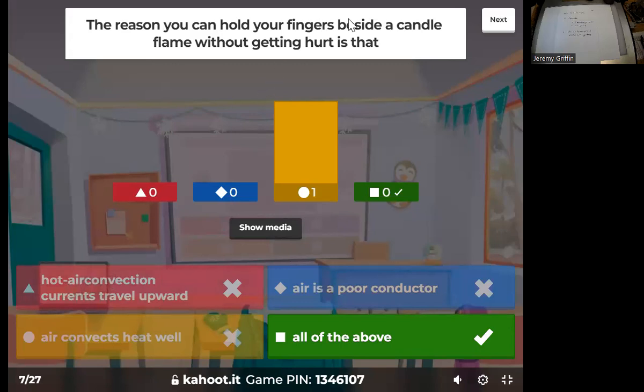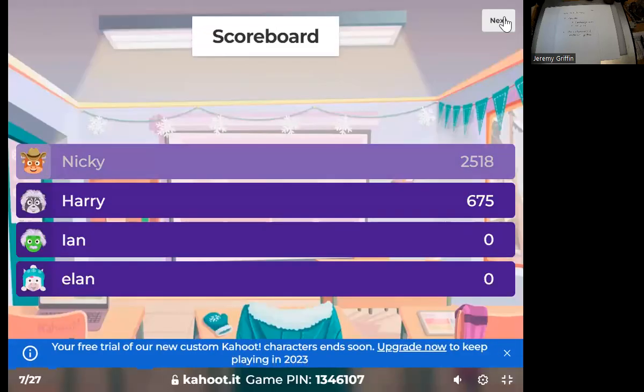Heat wants to rise. That's the detail about holding your fingers beside the candle rather than above it. If you hold it above it, then air will convect straight towards you. Air is a poor conductor. True. Paul Hewitt mentioned that the other day. He said if this were not true, you would feel cold all the time, because the temperature of this room is less than your body temperature. Air convects heat well, also true, but again, that goes straight up rather than to the side. So those are all true in a certain sense.